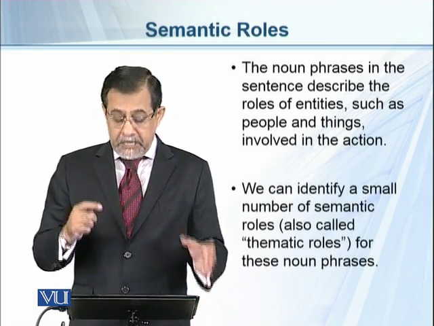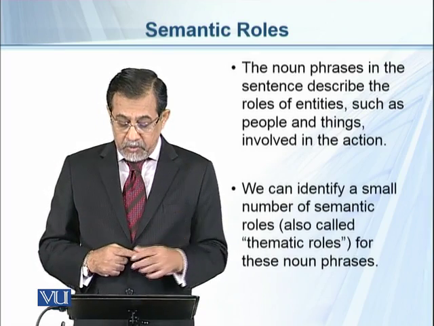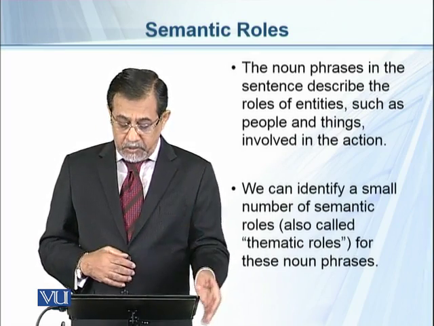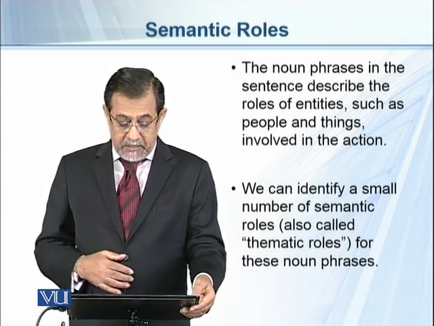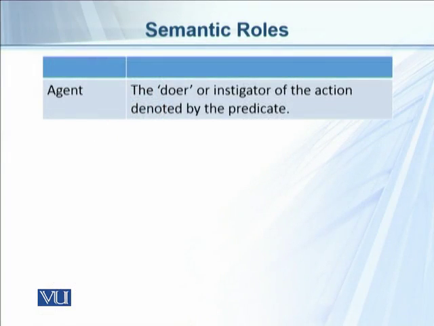We can identify a small number of semantic roles, also called thematic roles, for these noun phrases. They start like this. Agent, the doer or instigator of the action, denoted by the predicate. A sentence is always divided into subject and predicate according to traditional grammar, right? So what the predicate says about the subject is actually something about the agent.